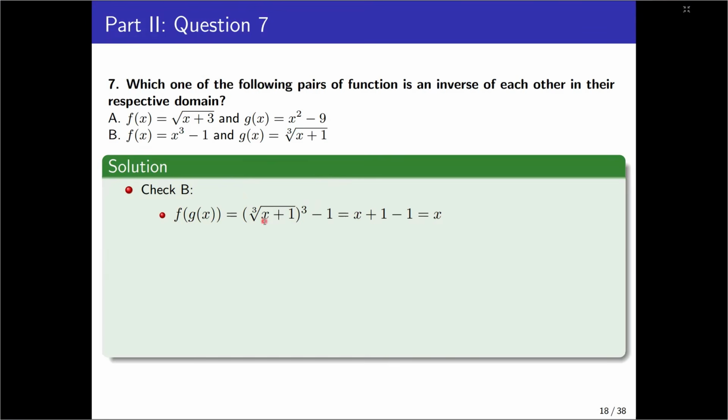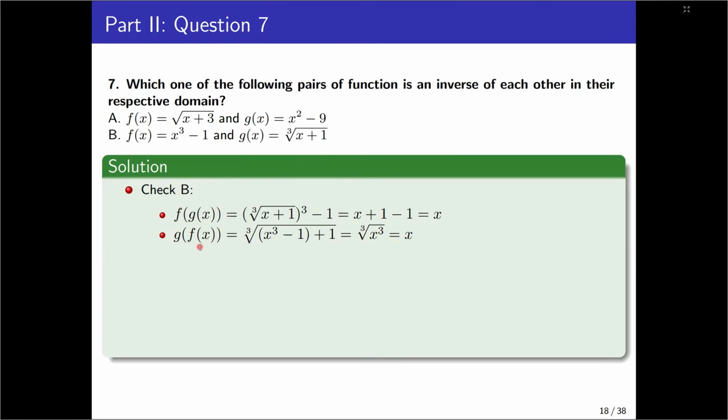When we do this, f composite g of x equals the cube of the cube root of x plus 1, that's simply g of x here, and minus 1. The cube of the cube root is x plus 1, minus 1, which is equal to x. So f of x equal to x cubed minus 1 is the inverse of the cube root of x plus 1.